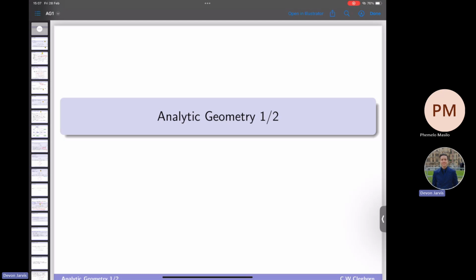Group theory. Okay, yeah. You need to prove the first group property as well.